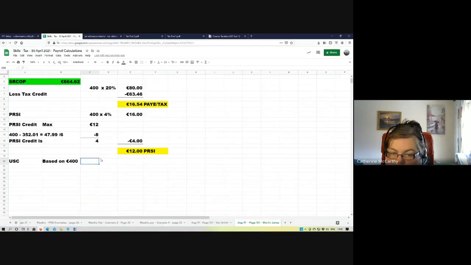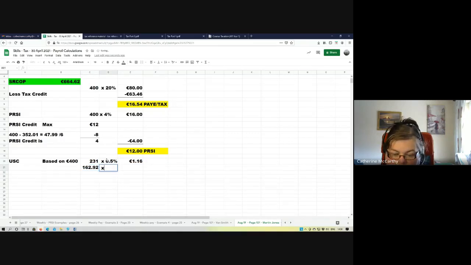So we will have 231 at 0.5%, which is 1.16. The next 162.92 at 2%.